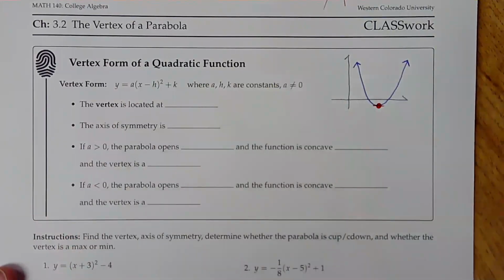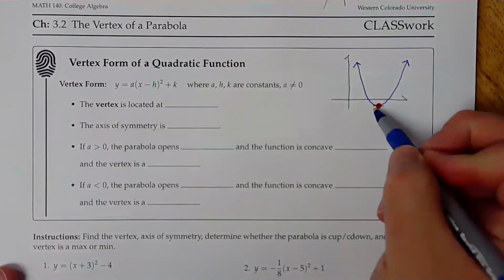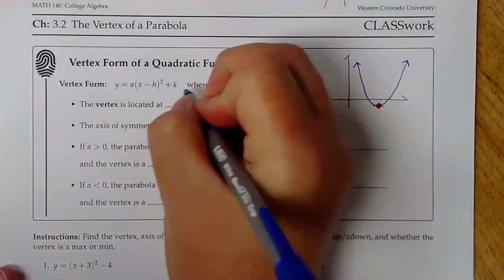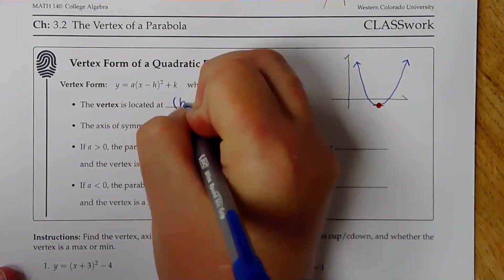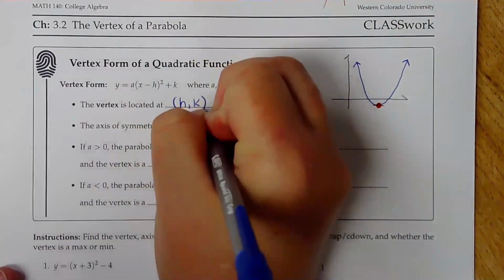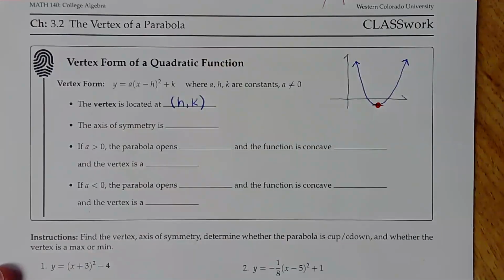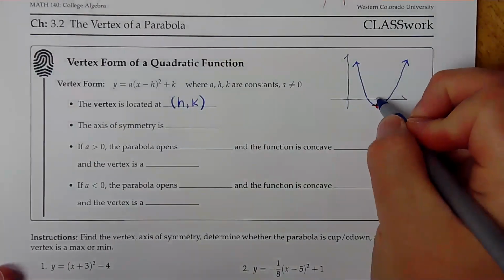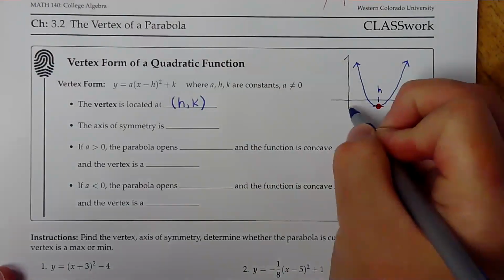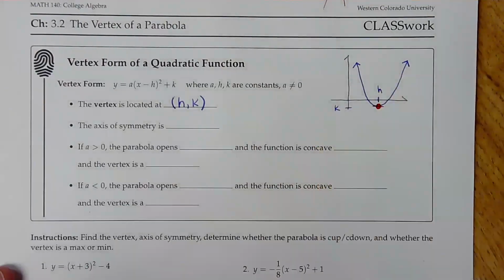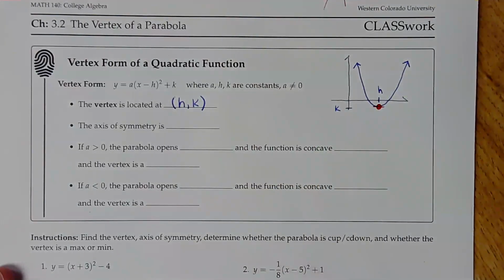So the vertex is located at this point here, and the coordinates for it are h comma k. So that would make this our h, and this would be our k over here. So our x and y values.